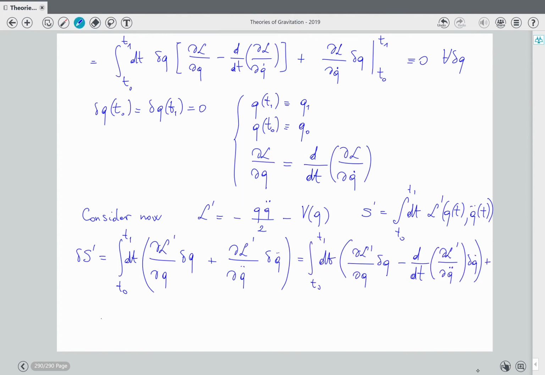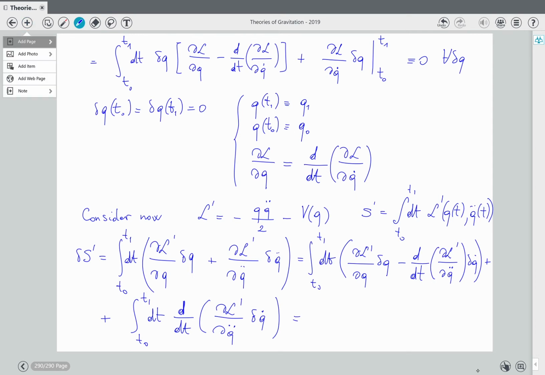And then there is the integral from t0 to t1 of dt and the total derivative of partial L prime partial q dot dot delta q dot. Yes. That's not enough. You have to integrate by parts once again.